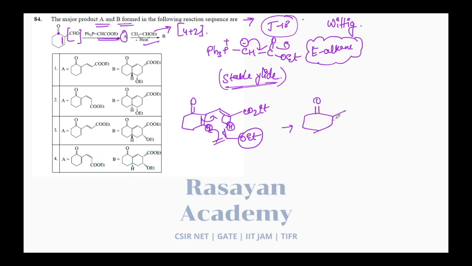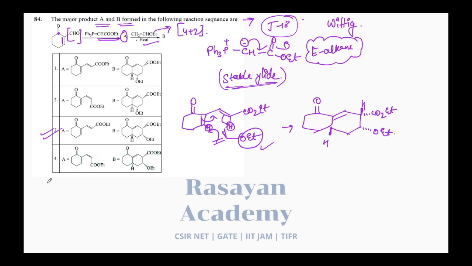The selectivity going to form a 6-member ring. These two hydrogens, if we are supposing that they are going to be above the plane in this way, then the ester has to go below, and also following the endo rule over here, the OEt group also goes below. Alright, so the product is going to be option number 3.